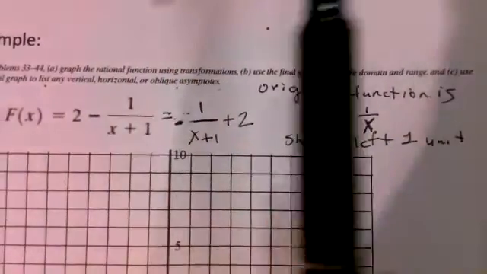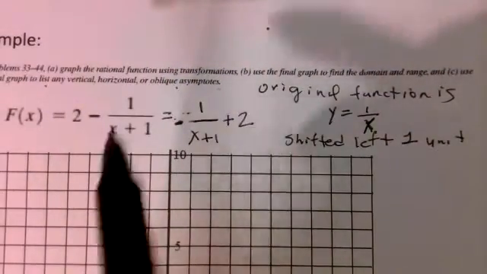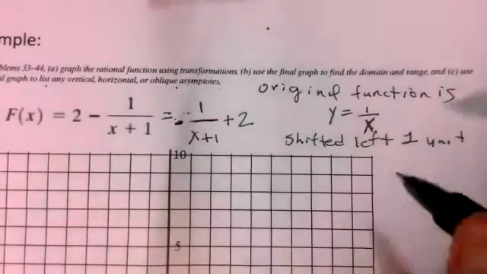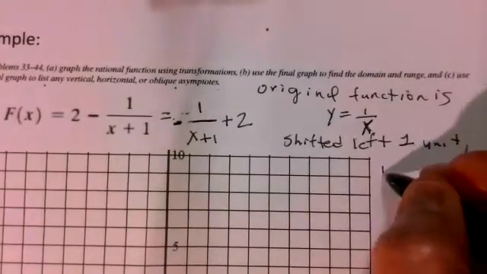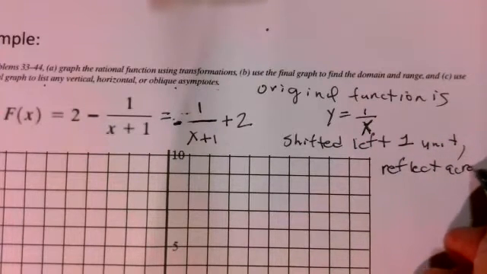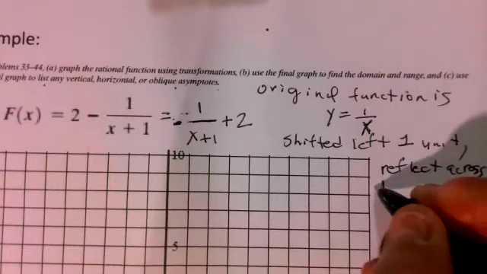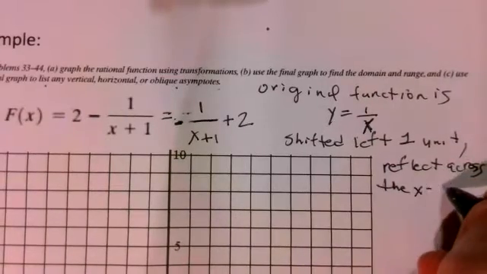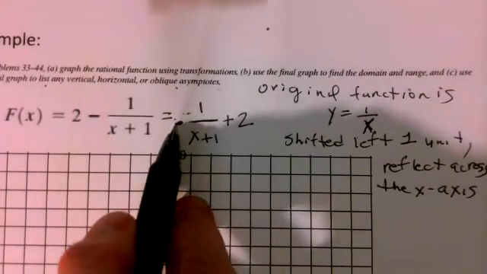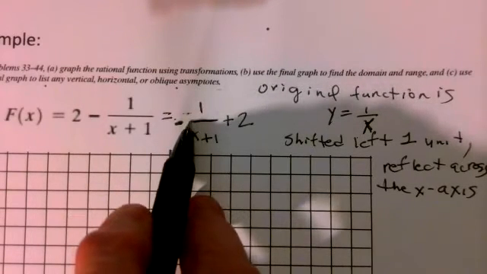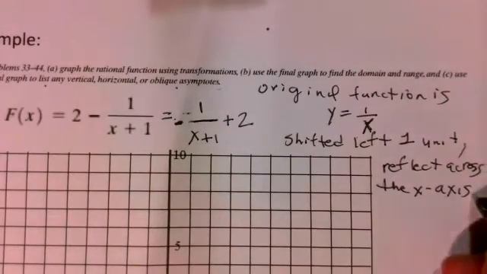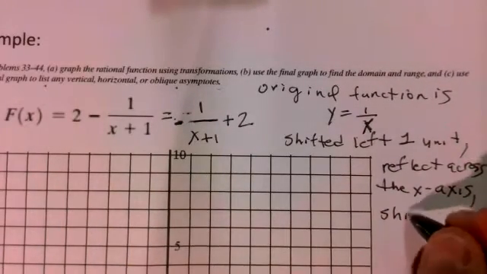So the way it works is first you're going to shift to the left 1 unit, then it's going to reflect across the x-axis, because remember, if we are multiplying on the outside by -1, it reflects across the x-axis. And then this plus 2 is just going to shift up 2 units.